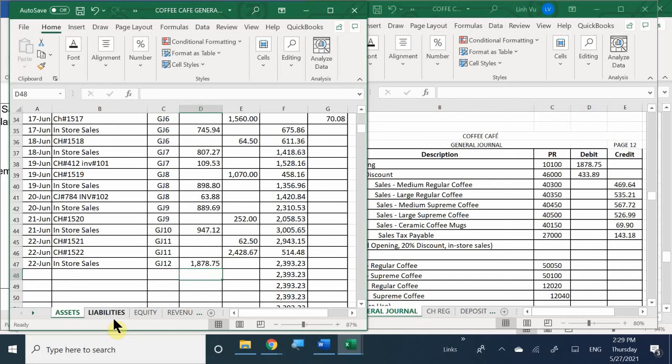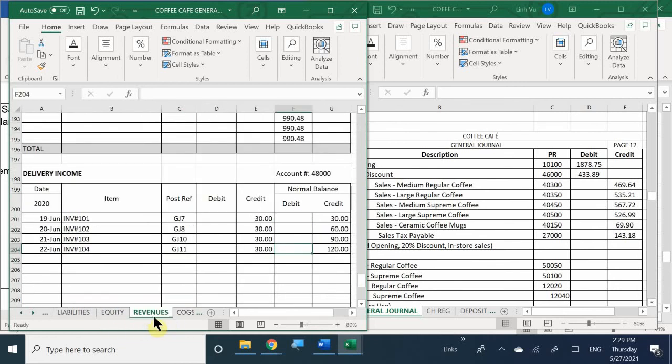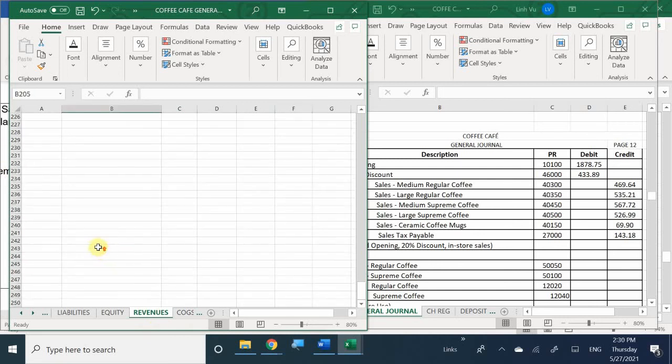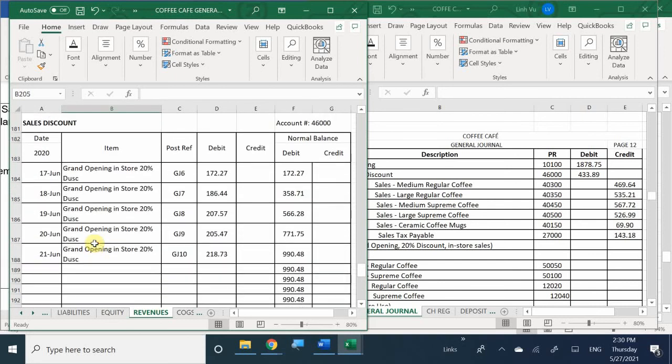Now that we got checking done, we're going to go on to revenues. We're doing discount first, which is 622.